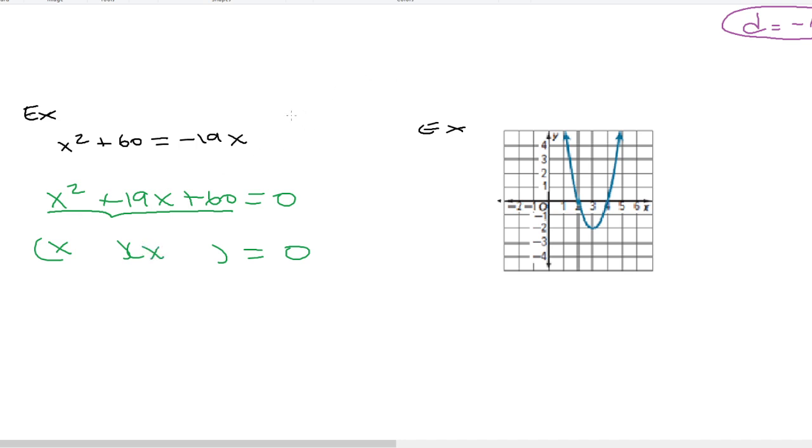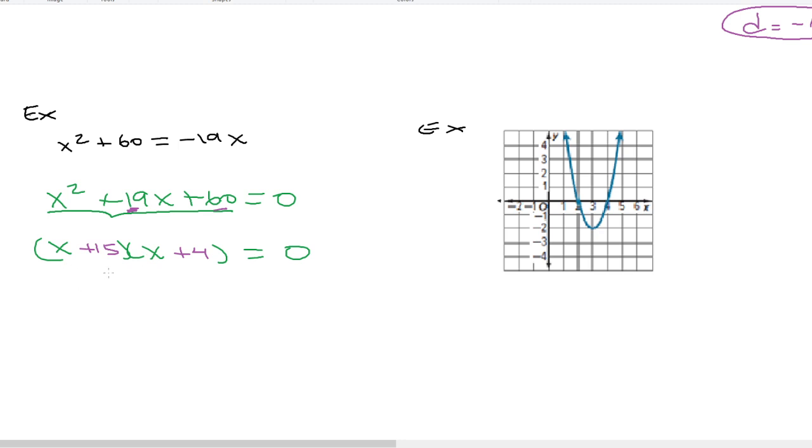Now let's think of two numbers that I can multiply to get 60, but when I add them I get 19, and that's going to be positive 15 and 4. 15 times 4 is 60. 15 plus 4 is 19.